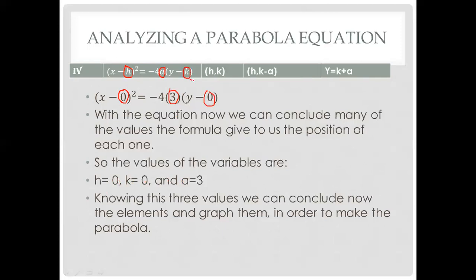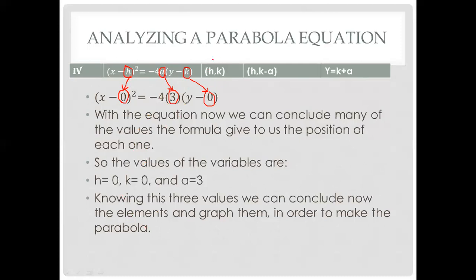If you see, they fit exactly in the same position. Okay, so be careful with this. And of course, later on, we're going to see other cases more interesting and more difficult to see how you can get specifically those values. So knowing these three values, we can conclude now the elements and graph them in order to make the parabola. This is what we're going to do right now.